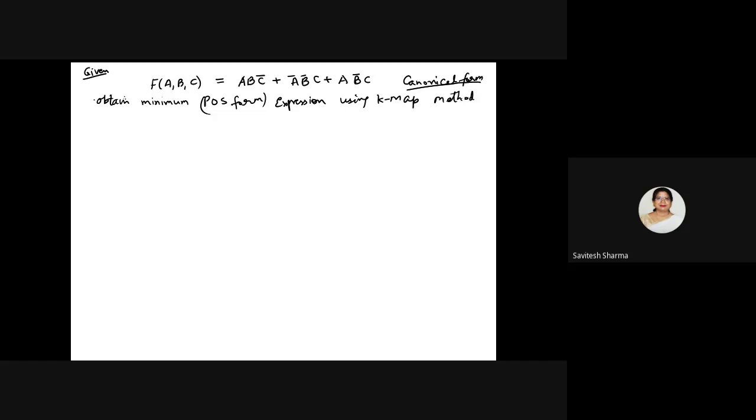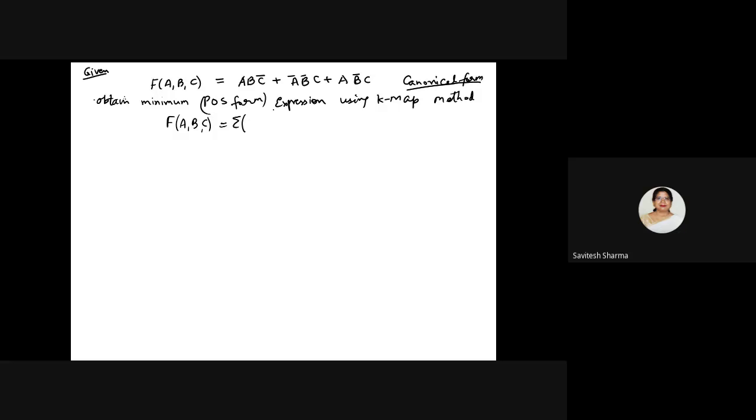So what will you do now? I made a change. The question is a little bit different, so no worry. The only thing is, this is the SOP form, so you can directly write the min terms, so it will be easy for you to map.